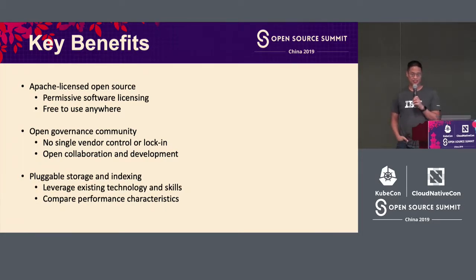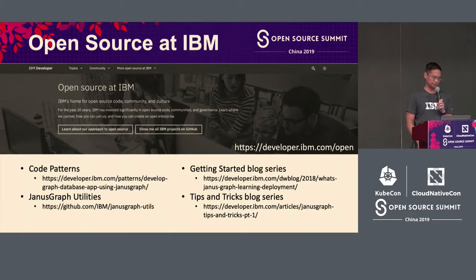But with the Apache license, you can do whatever you want with this software, and not having one company leading it just means that it'll always be open for you to use and collaborate with. I already talked about the pluggable storage options. We found that really to be the most interesting because, like I said, you have the choice of using open source options. You can use your own proprietary backends, whatever you need to suit your use cases.